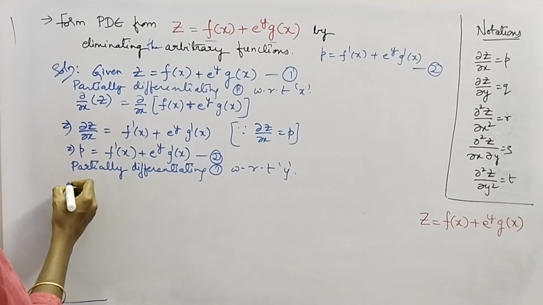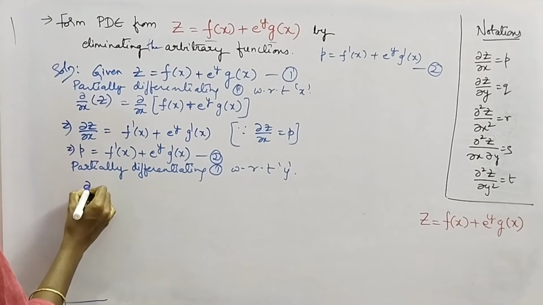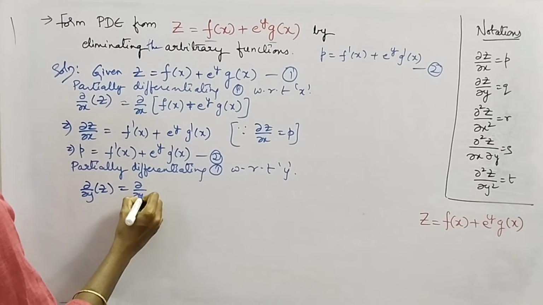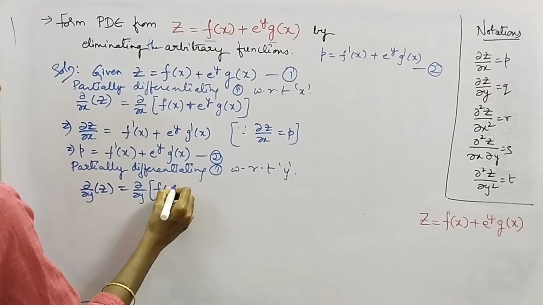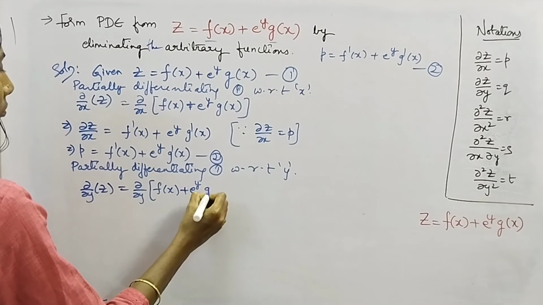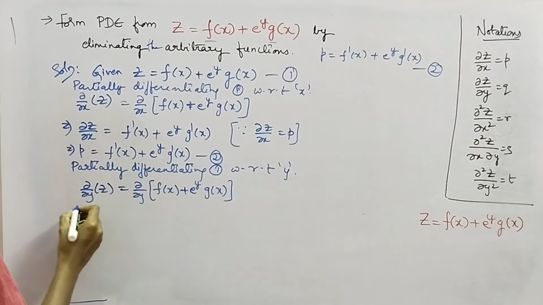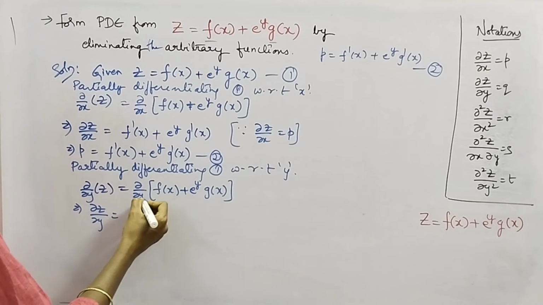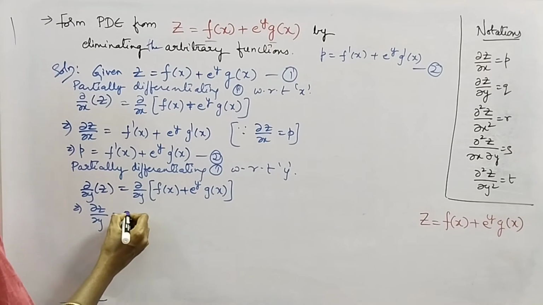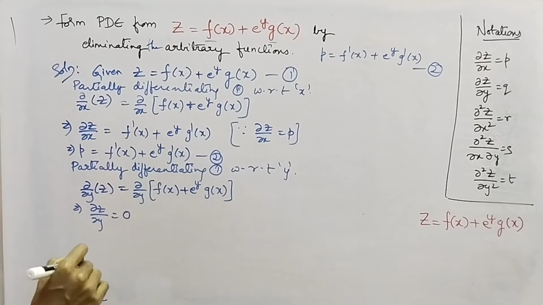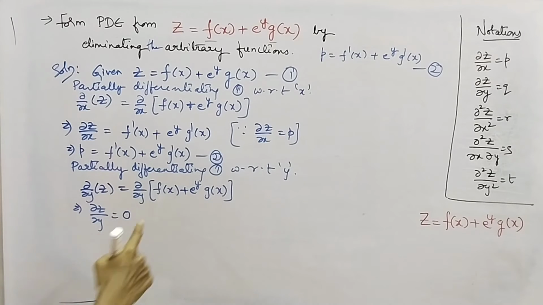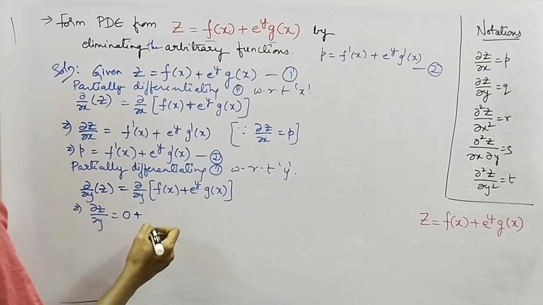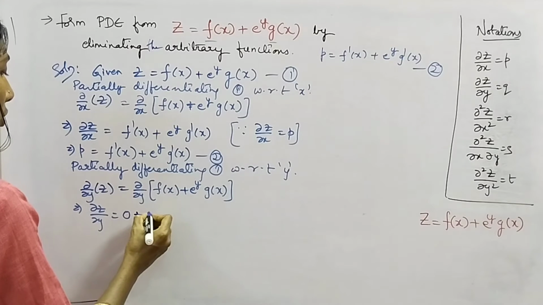Okay, fine. This gives us dou z by dou y equal to the partial derivative of f of x with respect to y, which is 0. Since we are partially differentiating with respect to y, x will be treated as constant. Here f of x is also treated as constant, plus g of x can be treated as constant, right?